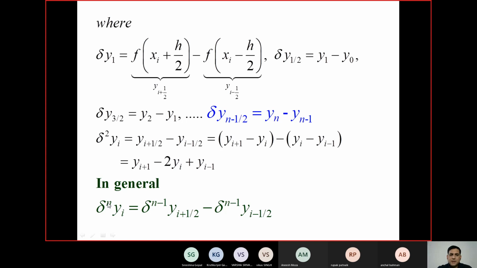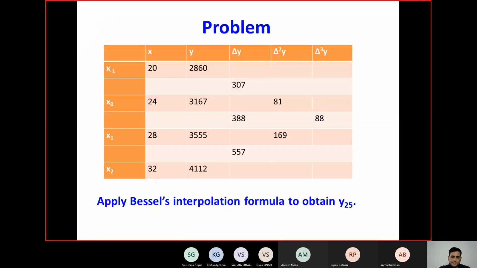So you are calculating delta y i equal to delta n minus 1 y i plus n minus 2. This is the general way to calculate any one, second order, first order, third order. This is how you calculate, and how this n will come here: 1 by 2, 3 by 2 or 5 by 2. So let's see the example for that.